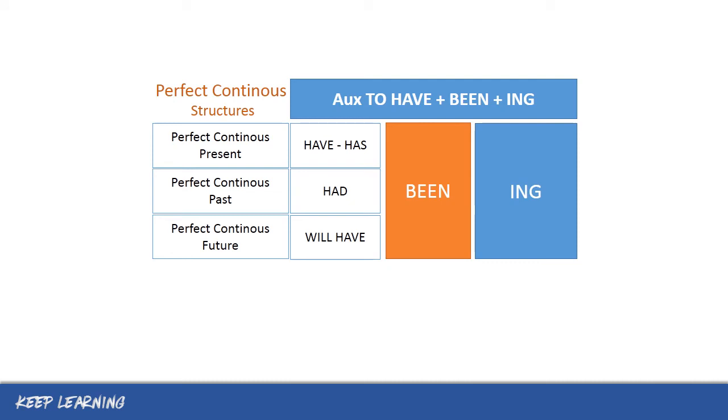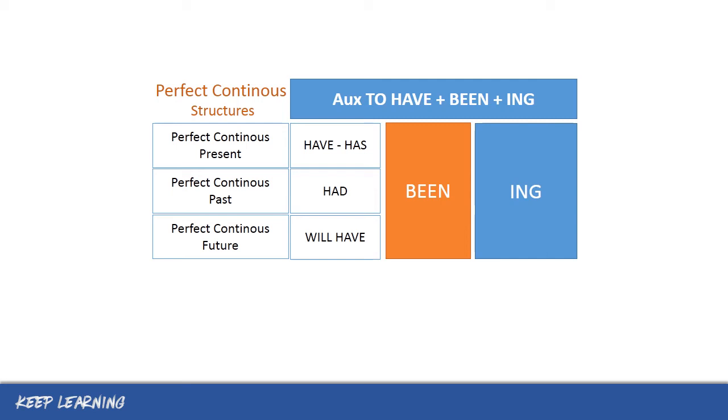And there is another, like a cousin for the perfect structures, which is the perfect continuous. It's the same thing. It's the auxiliary to have, haber in Spanish, and the past participle been, sido or estado, right? Yo he sido, yo he estado. Yo había sido, yo había estado. Yo habré sido, yo habré estado. This is what you're saying, right?